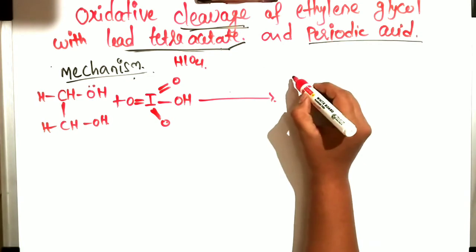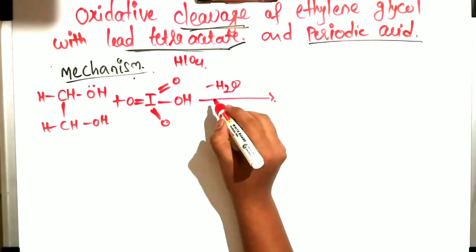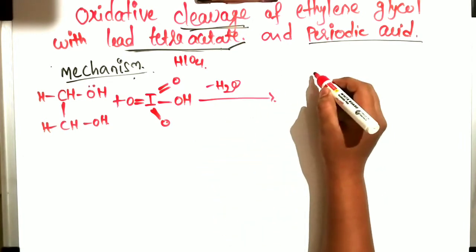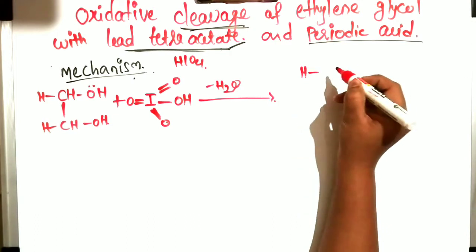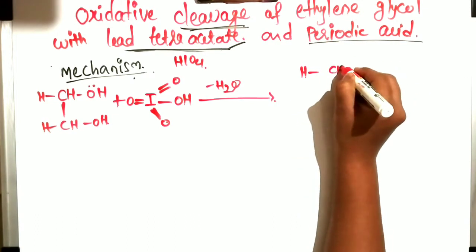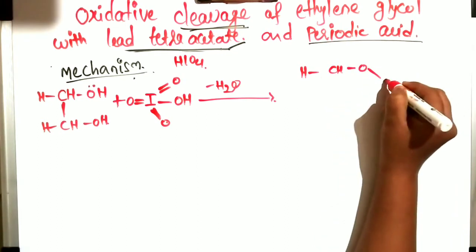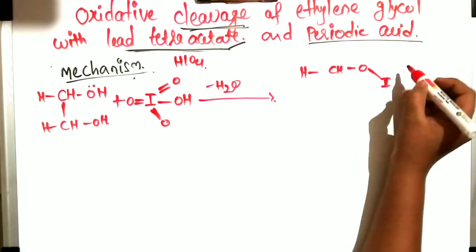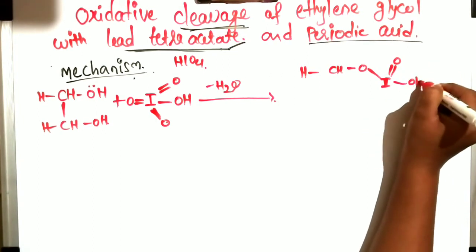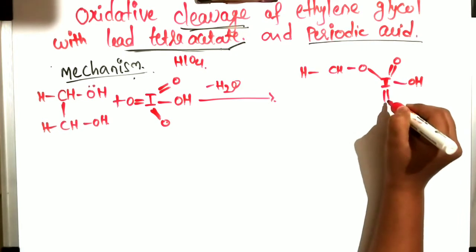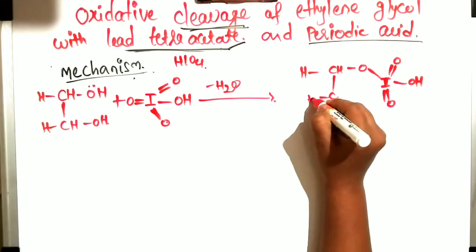With that, the elimination of water takes place, and the lone pair will attach to the CH2O. This oxygen attaches to the iodine group. So this double bond remains the same, this single OH bond, this double bond O and CH2O.